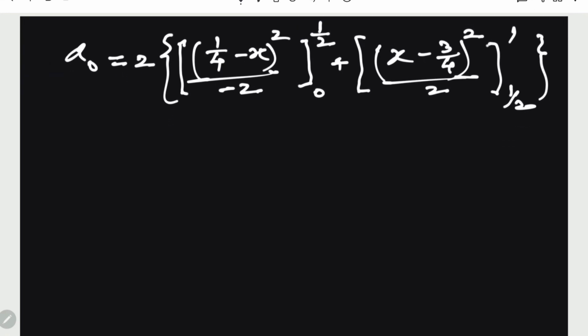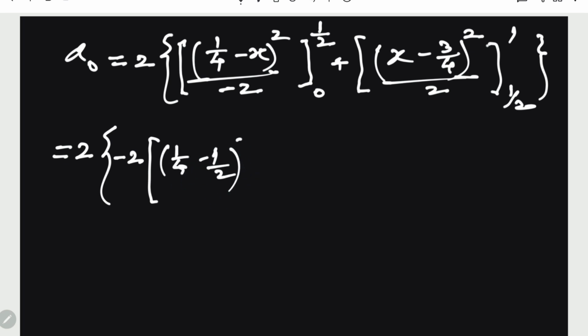Then substituting the upper and lower limits for the first, we get minus 2, but the original term is minus 1 by 2. Therefore, though I have written minus 2 here, consider it as minus 1 by 2.